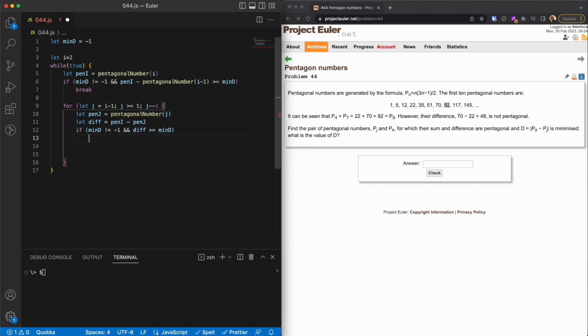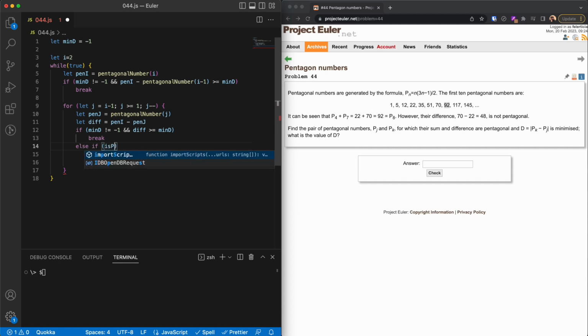We need to break from the for loop. Else, if the sum of the two numbers is pentagonal and the difference is pentagonal, then we would set the min d as diff, and then we'll go back to the for loop.